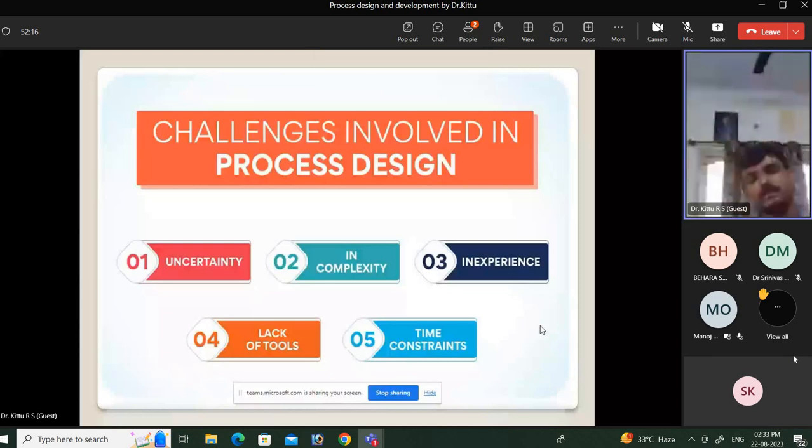Then the fifth one, time constraints. You know very well, we are not able to drag on the process for any length of time. You know very well how business institutions compete with others, and within a span of time they get ups and downs in the market.